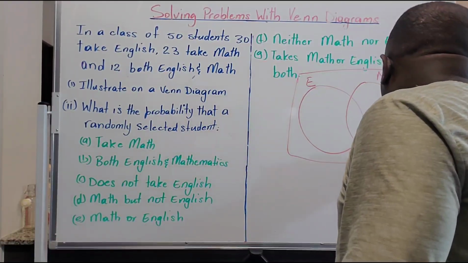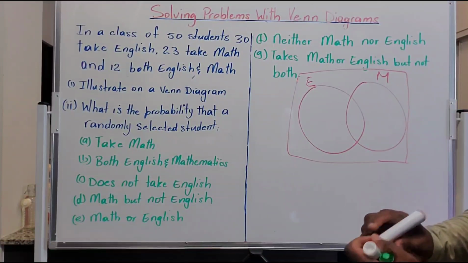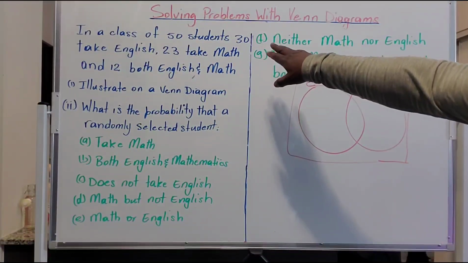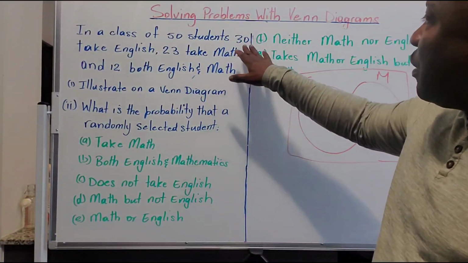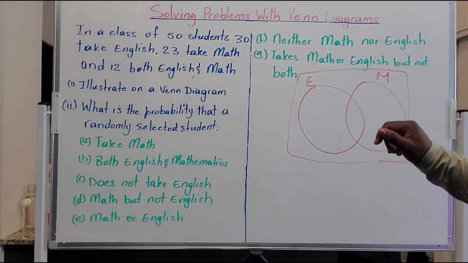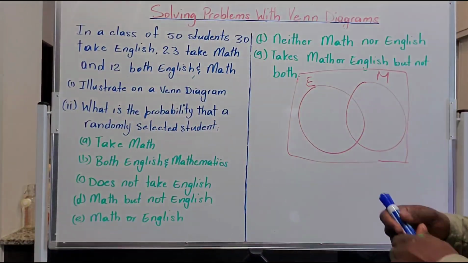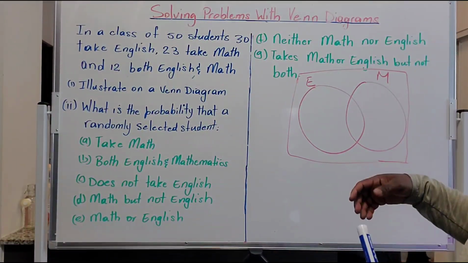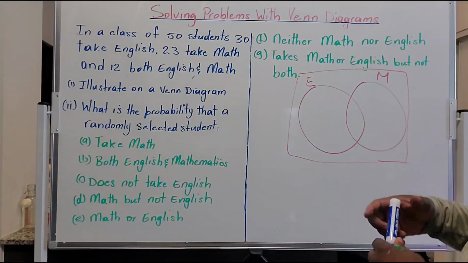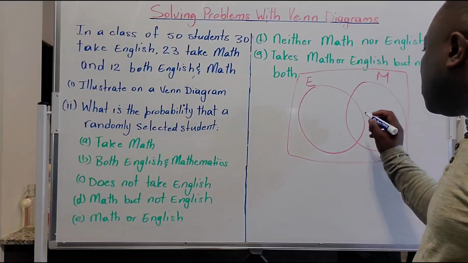So this will be my Venn diagram. It says 50 students in the class, 30 for English, and we know then, guys, that there are 12. So the given, the intersection, in other words, math intersecting English or E intersecting M is equal to 12.